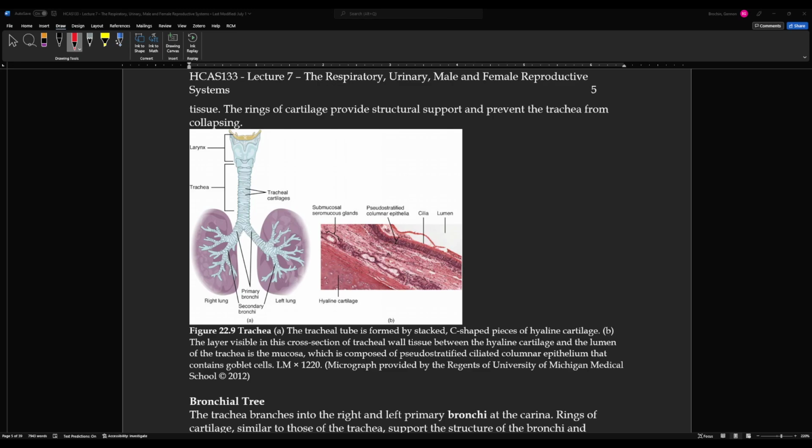These cilia exist to push along mucus. Within the trachea, we're going to have mucosal glands, a couple different types, as well as goblet cells. And these guys make mucus.